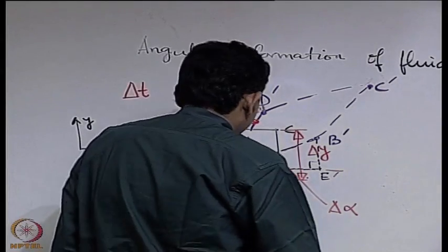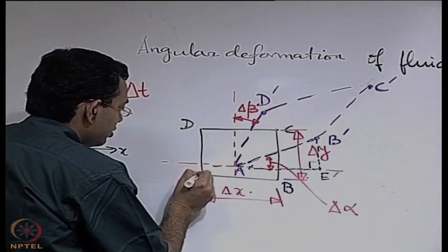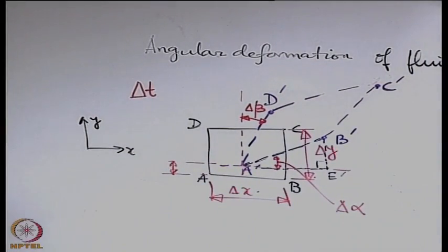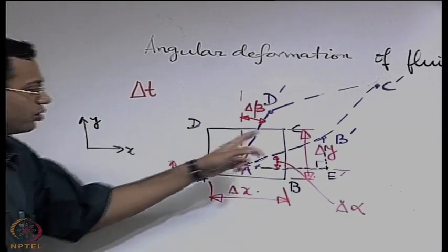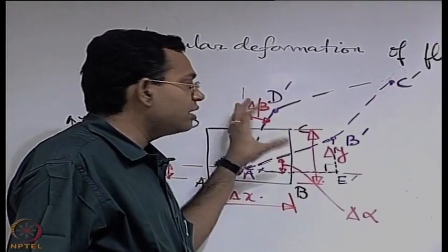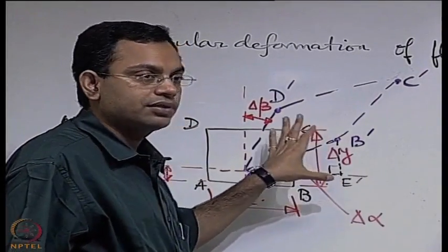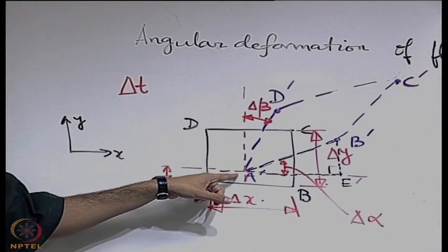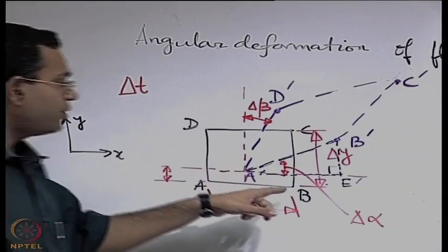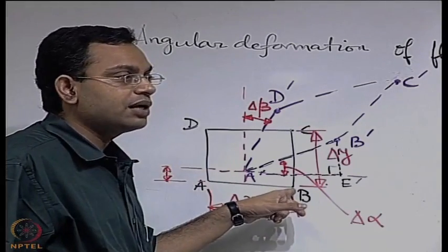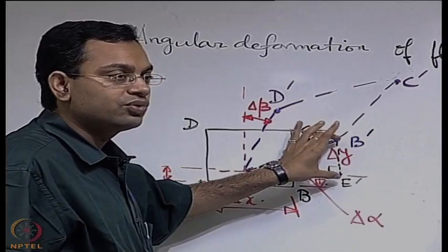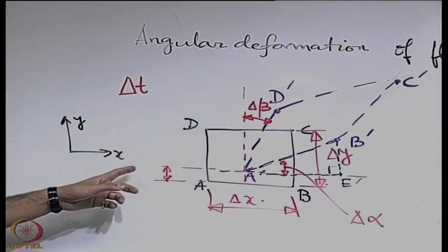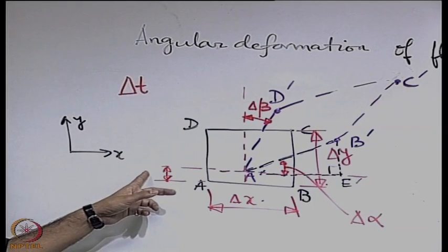To do that, we first try to figure out what is the vertical displacement of the point A. To know B prime E prime, our consideration is the vertical component of the displacement. So, first we find out the vertical component of the displacement at A, and also the vertical component of the displacement at B. The net difference between these two is this length B prime E prime that we are talking about. So, what is this displacement?